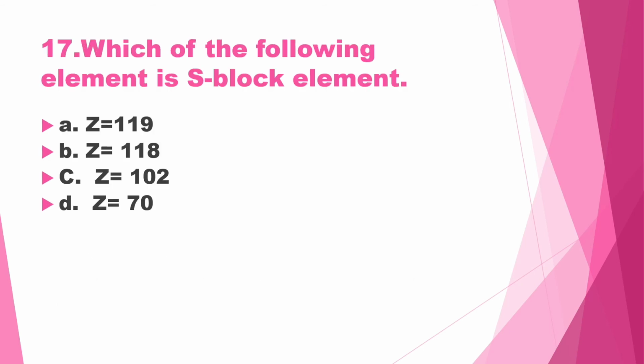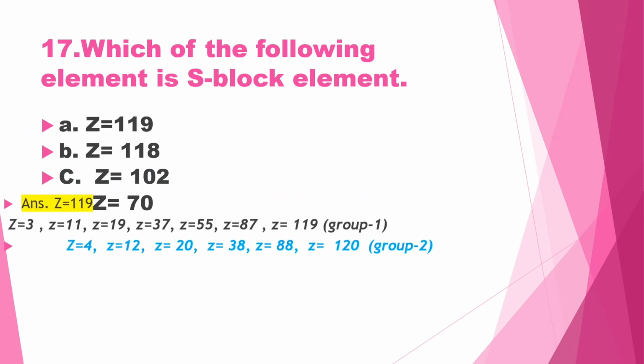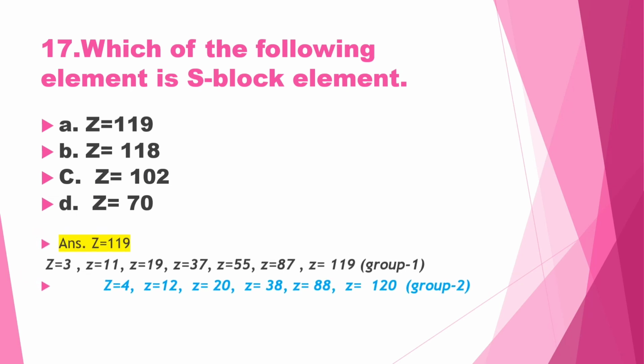Which of the following elements is an S block element? A. Z equal to 119, 118, 102 and 70. If we see the S block elements, their general configuration is ns1 and ns2.